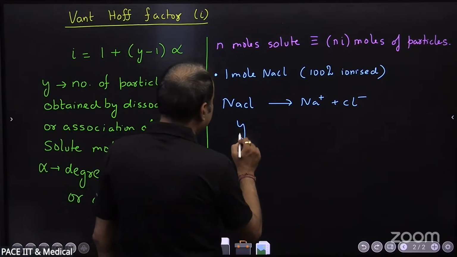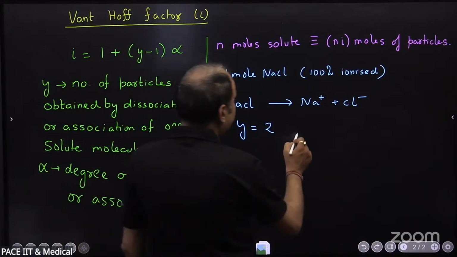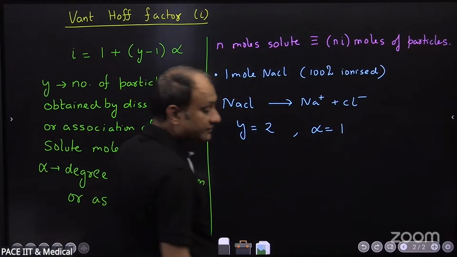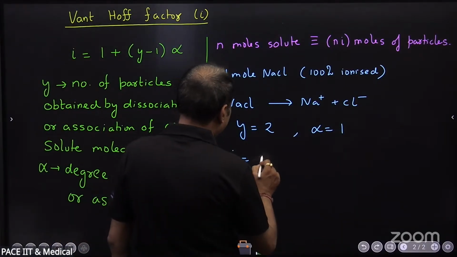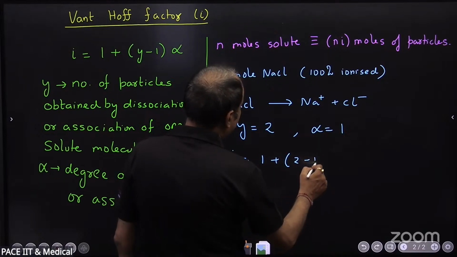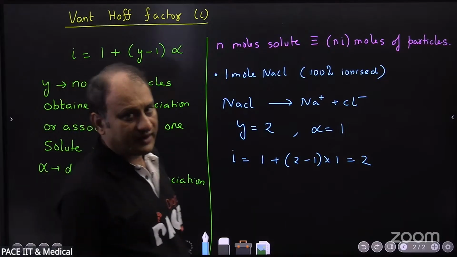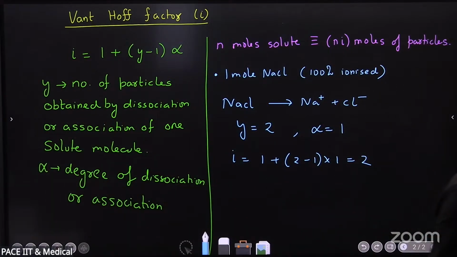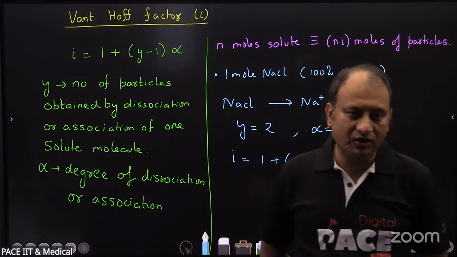So y here will be 2, and 100% ionized means alpha is given as 1. So Van 't Hoff factor will become 1 plus (2 minus 1) into 1, that is 2. So if we dissolve 1 mole NaCl, we will calculate the colligative property by 2, because 1 mole NaCl will effectively behave as 2 moles of particles.